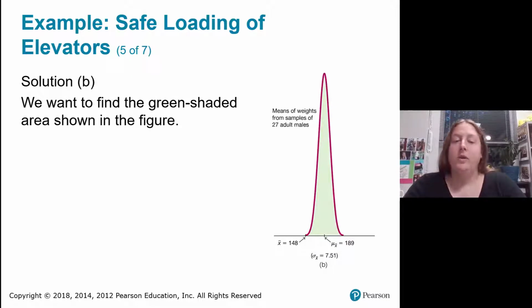So what that means for us is that we want to find the area to the right of 148 as a mean for our sample, right?